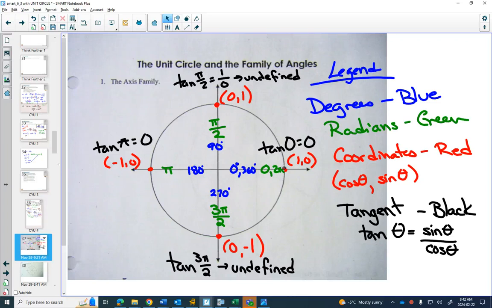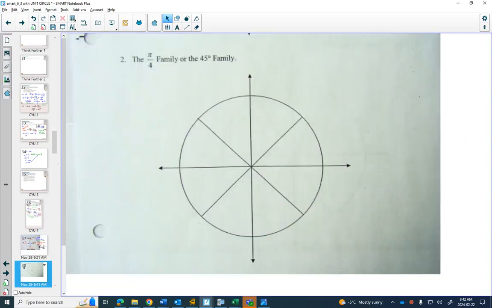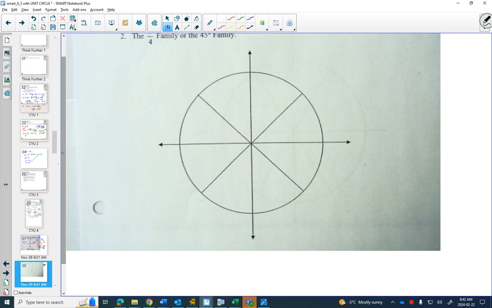Our second family is the 45-degree family. And in order to do the 45-degree family, you're going to need to draw, and I'm going to give some space in the bottom corner, a special triangle for 45 degrees or pi over 4.